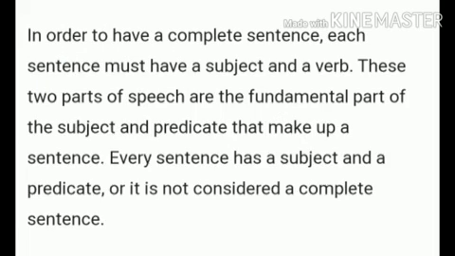In order to have a complete sentence, each sentence must have a subject and a verb. These two parts of speech are the fundamental part of the subject and predicate that make up a sentence. Every sentence has a subject and a predicate, or it is not considered a complete sentence.